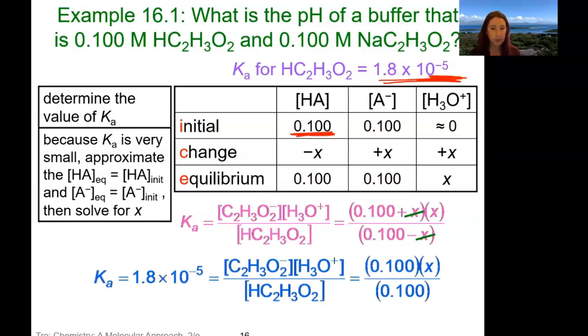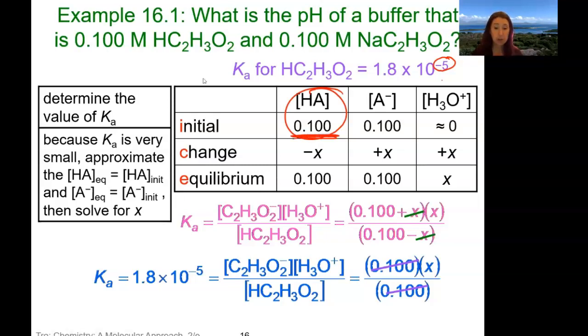And so when we do that, okay, how did I know "X is small" is going to work? This is 10 to the negative 5, 10 to the negative 1, 10 to the negative 1. Again, it's really this one that we look at more than the conjugate. It's this original concentration here.